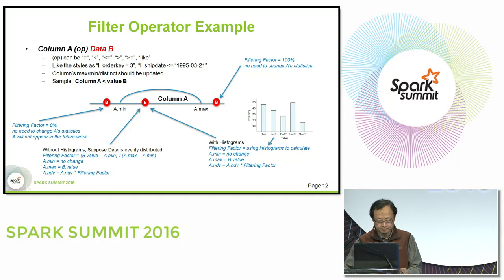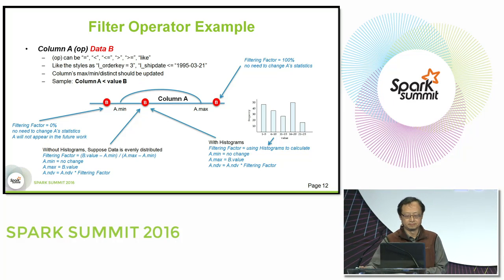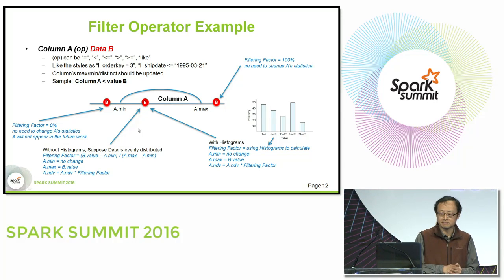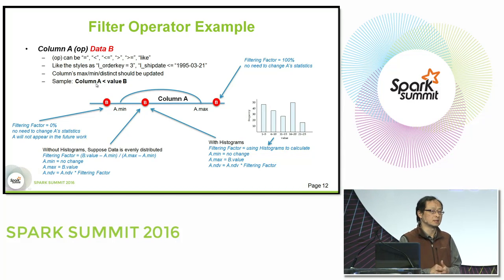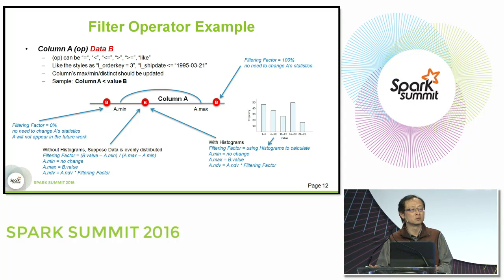For this case, how do we compute the filtering factor? Because we collect the minimum value and the maximum value of column A, we know its interval. If the constant B is less than column A's minimum value, then we know the filtering factor is 0%. This means that no records qualify for this condition.